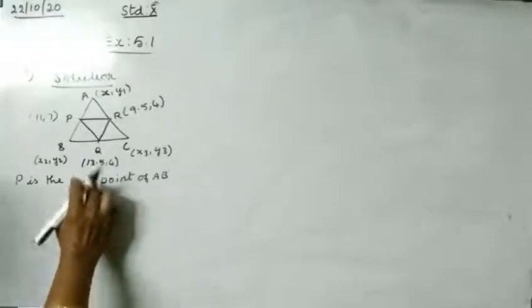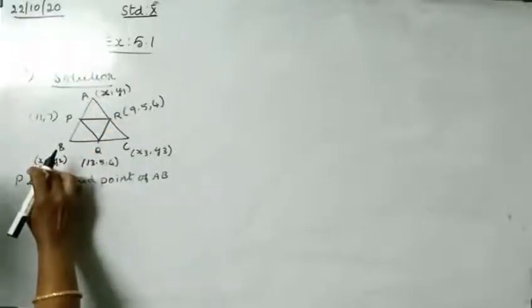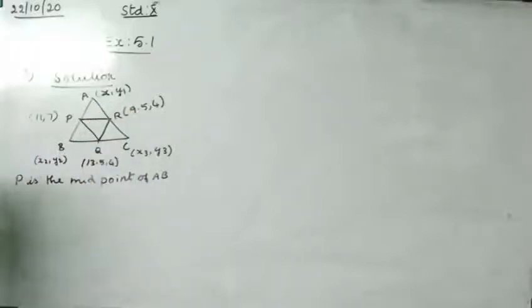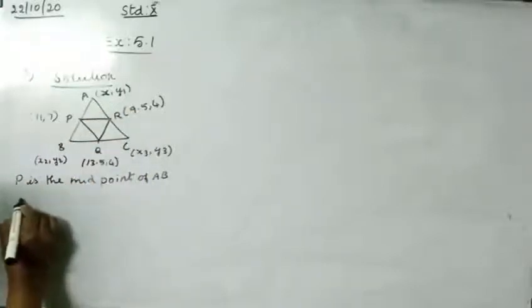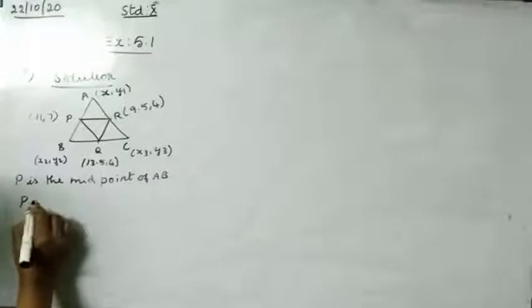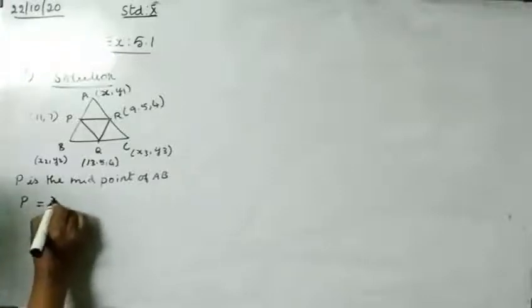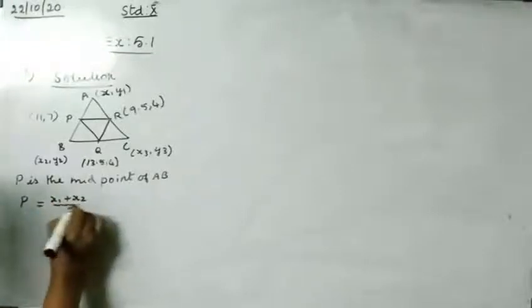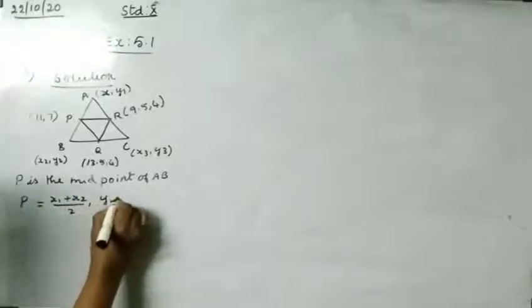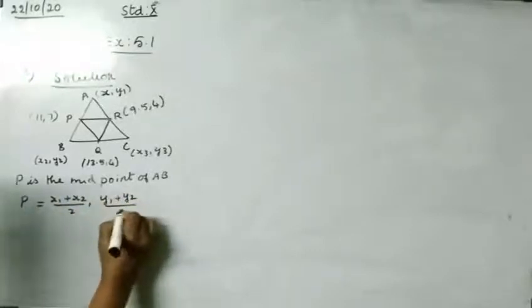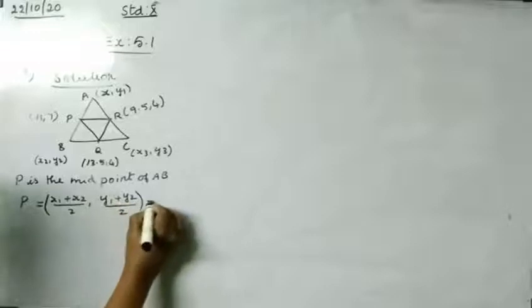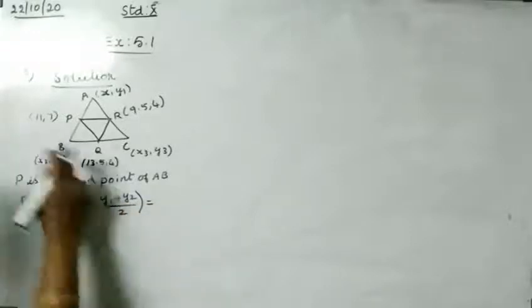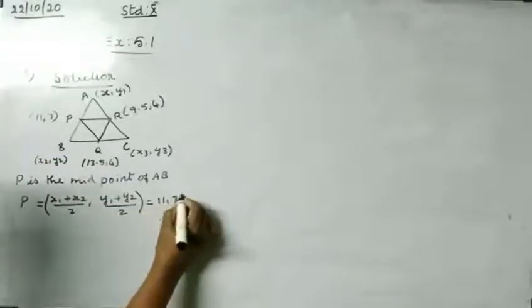So what is the midpoint formula? x1 plus x2 by 2, y1 plus y2 by 2. So P is the midpoint. So coordinates of P is equal to x1 plus x2 divided by 2 using midpoint formula, y1 plus y2 divided by 2. Which is equal to, what is the coordinates of P? It is given (11, 7).